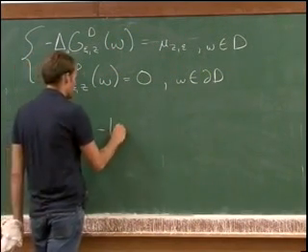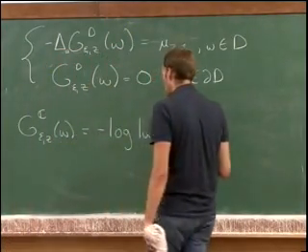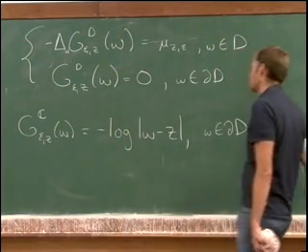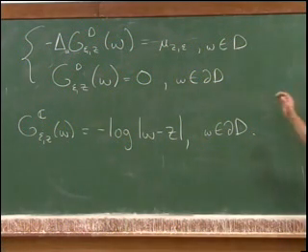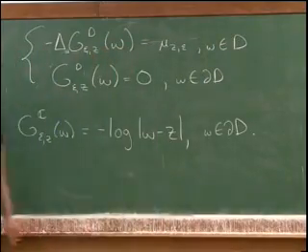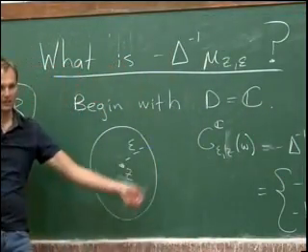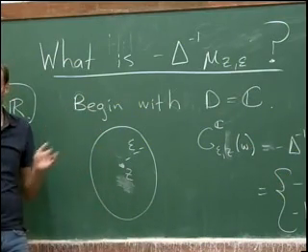This is negative log of w minus z for w in the boundary. That's just by definition. I'm silently assuming that whatever my domain D is, epsilon is small enough so that this ball is strictly inside. Let's assume that too. It just makes life easier.